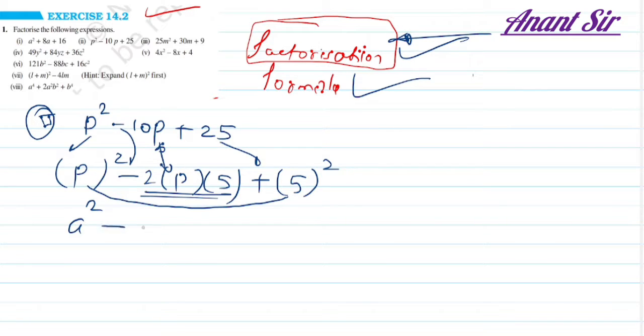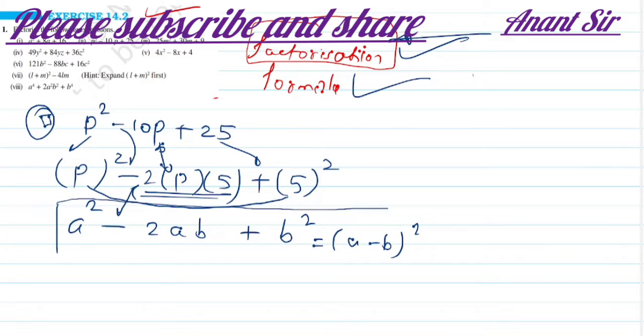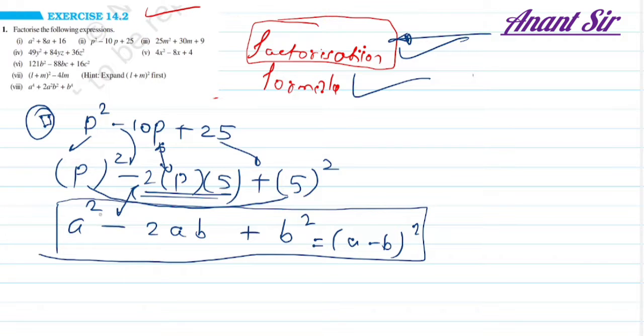But here we have to use the formula a square minus 2ab plus b square, because there is a negative sign here. So what is the formula then? It is a minus b whole square. So we have to use this formula if we have the second term as negative. So what is in place of a square in our question?